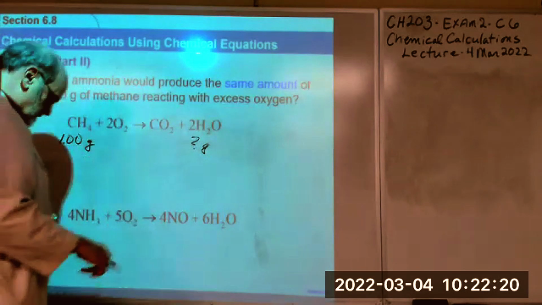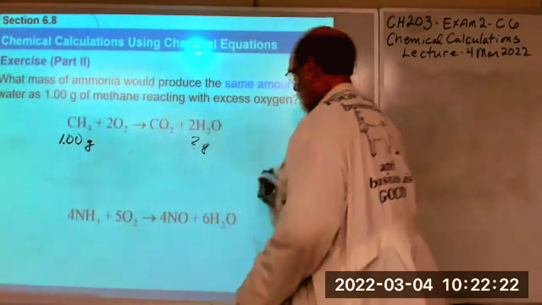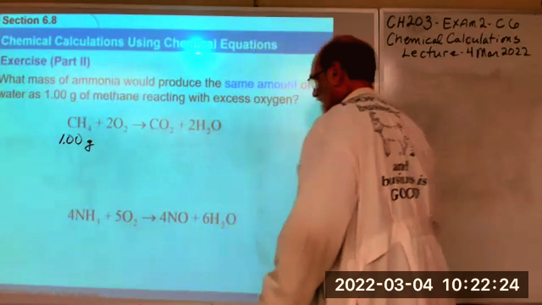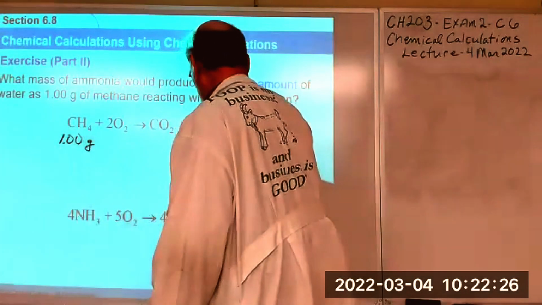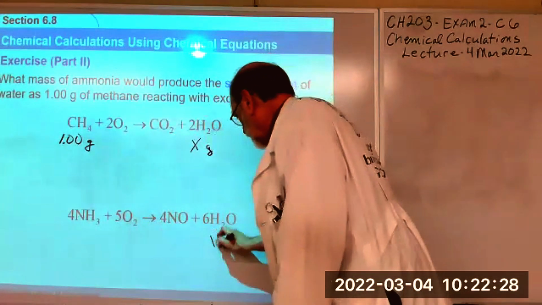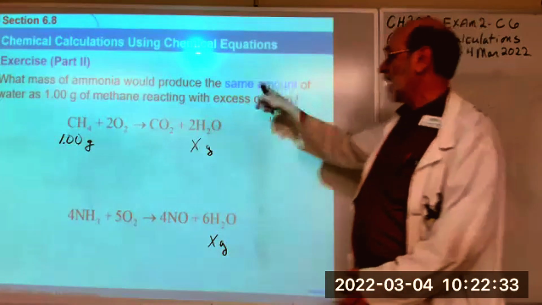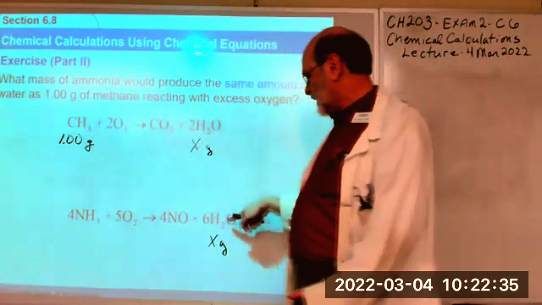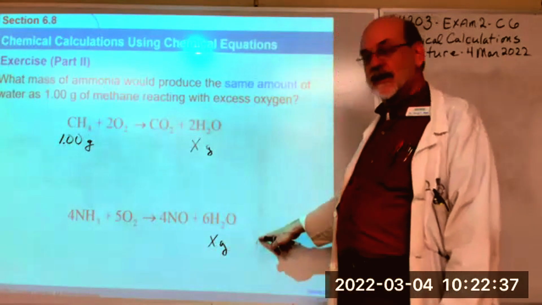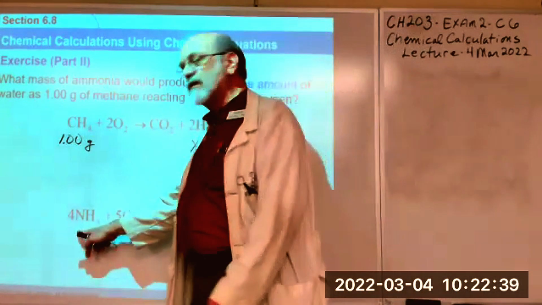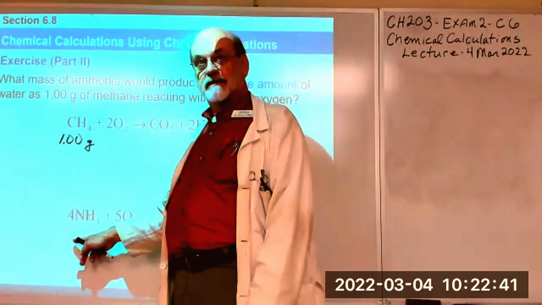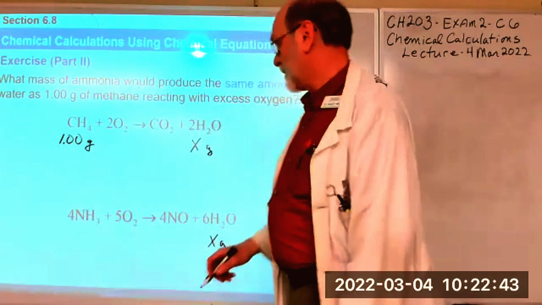Because, let's do it this way. Produces X grams of water. We also want the same amount of water here. The same amount of water as produced in that reaction must be here. Then we work backwards. How much ammonia would that require? What mass of ammonia?